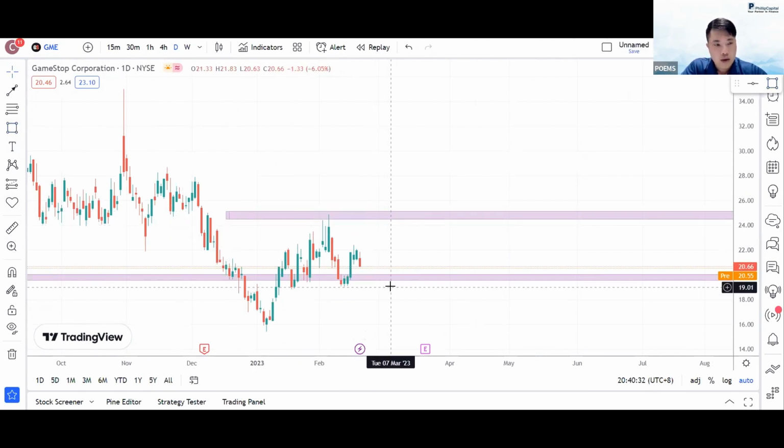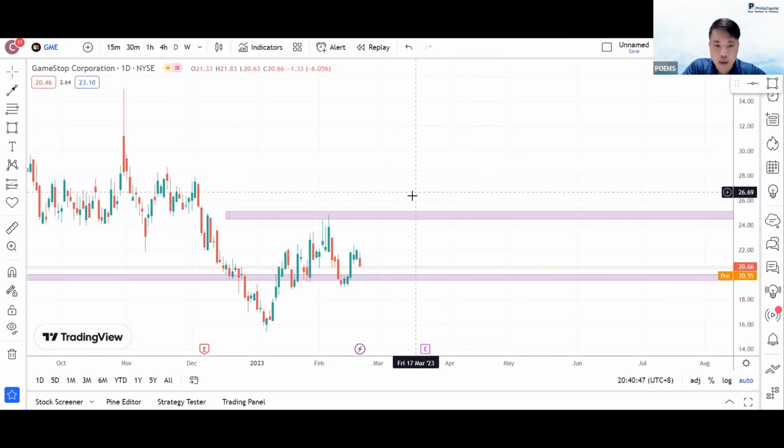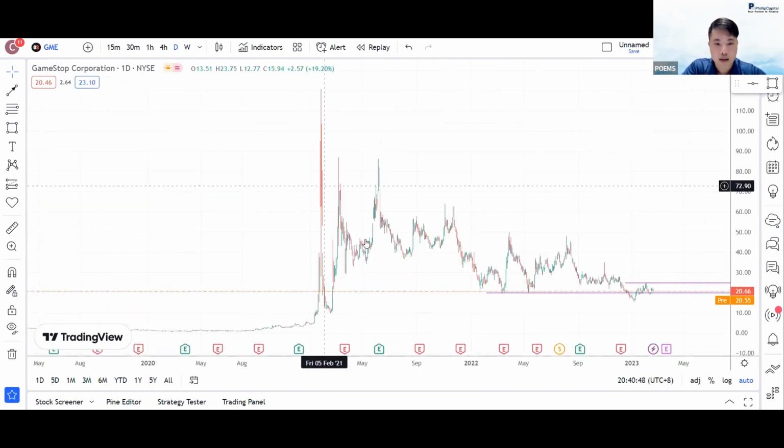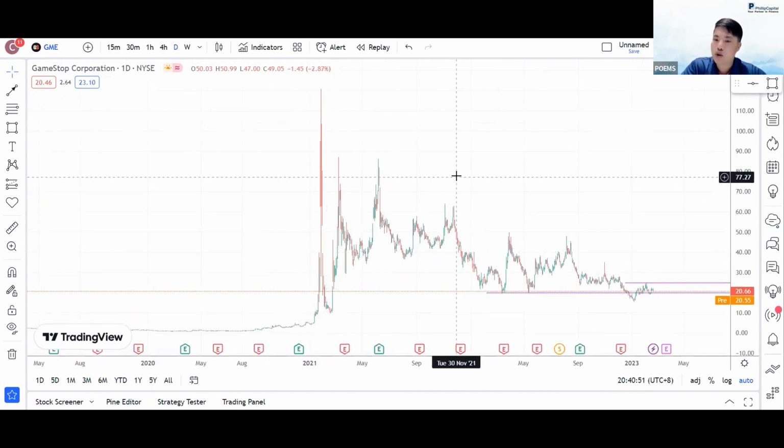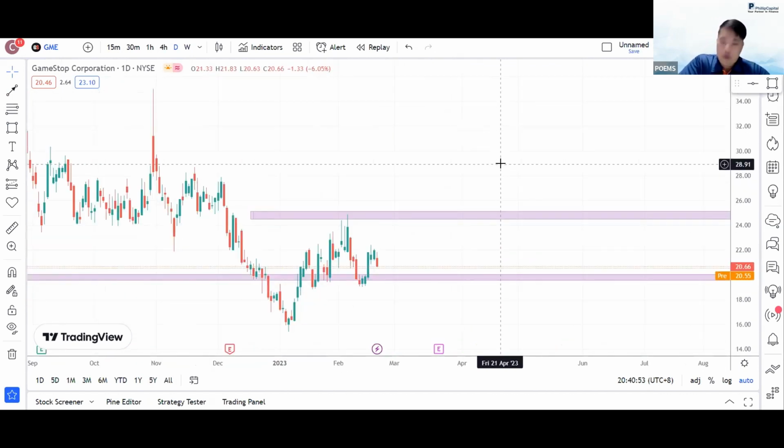So right now, if price hovers above the $20, there is a chance that it will go up to 25. But whether or not it will break above the 25 and then shoot up like what happened previously, I think the chances are not very high.